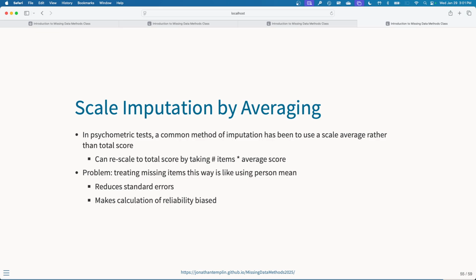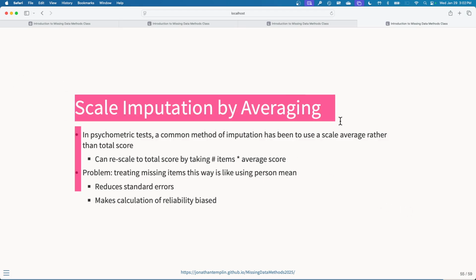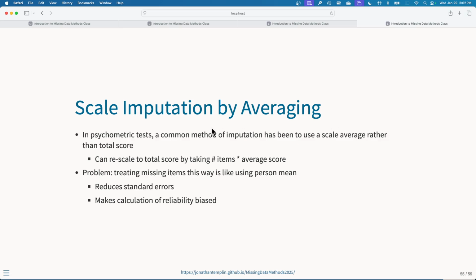This is a good one. Scale imputation by averaging. Let's imagine you give out a survey. Hey, at the end of this class, you're going to rate me on a survey. Please rate me well. But no, just kidding. That's not the point, right? If you omit one of those questions, what happens? Well, in our case, we ignore it. But if you wanted to, let's flip the other way around. If you wanted to come up with what a person's average for that would be, right? You might sum together a bunch of items. Let's just think of the easy way of doing it, classical model for it, right?